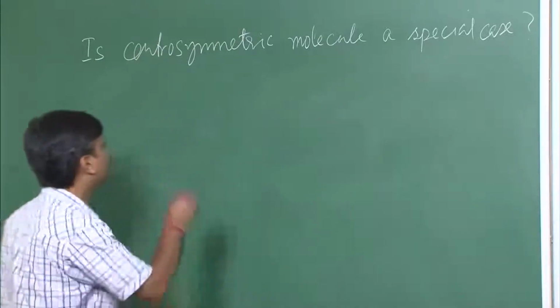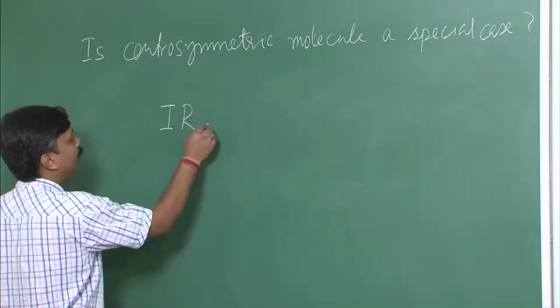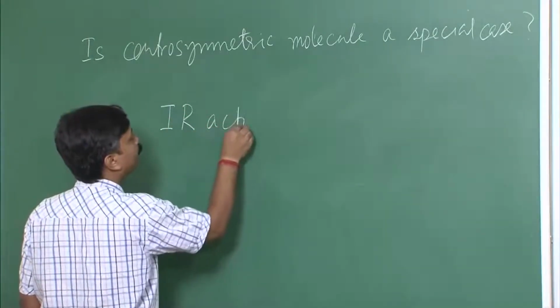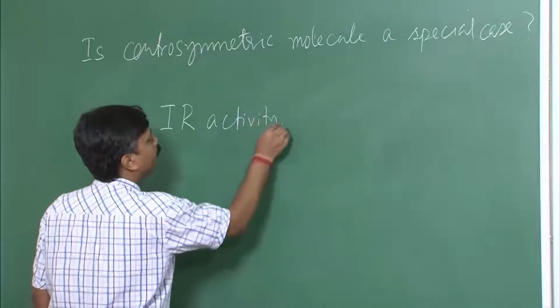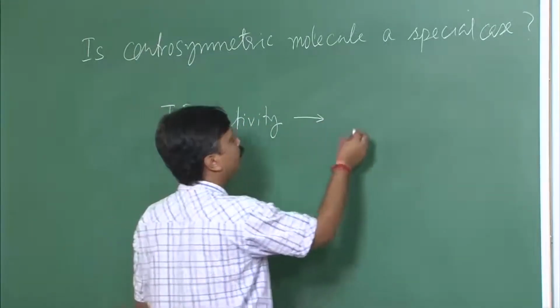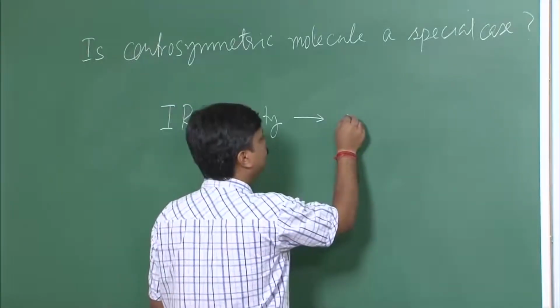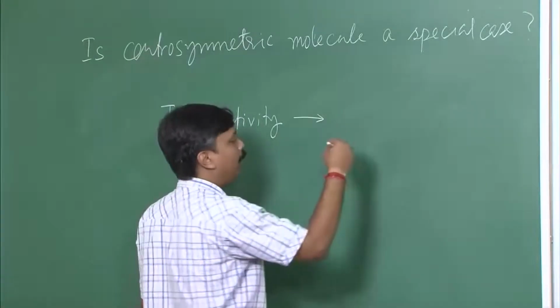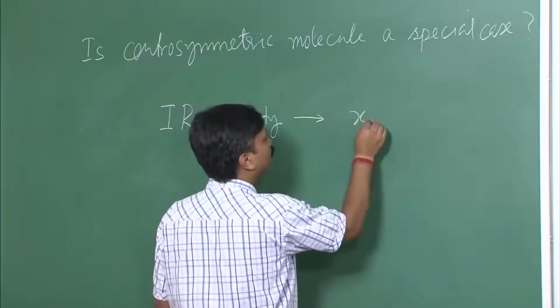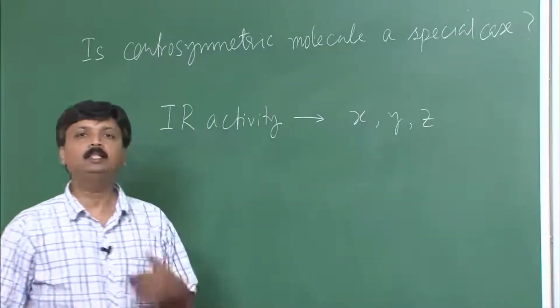So for any mode to show infrared activity, the normal mode should transform as the irreducible representation that has either x or y or z as basis set.